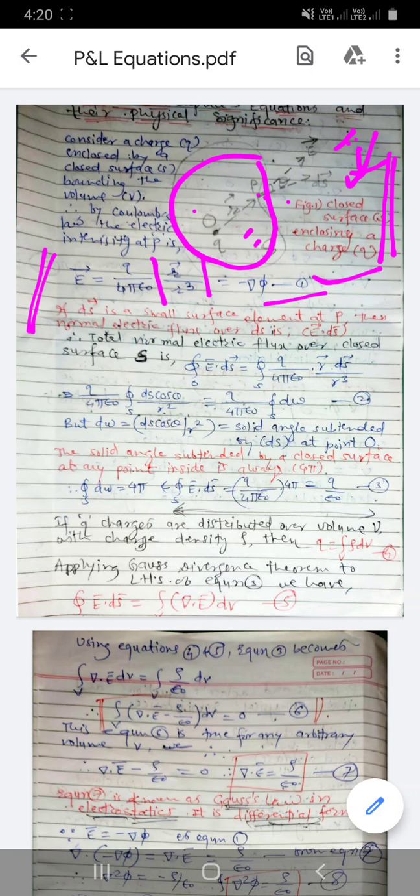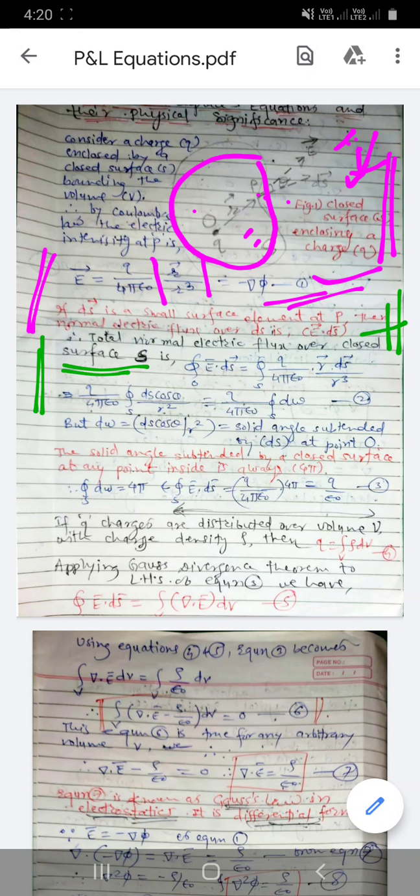If ds bar is a small surface element at point P, then the normal electric flux over ds is equal to E bar dot ds bar. With these two pieces of information, we have to write the equation for the total normal electric flux over the closed surface S.